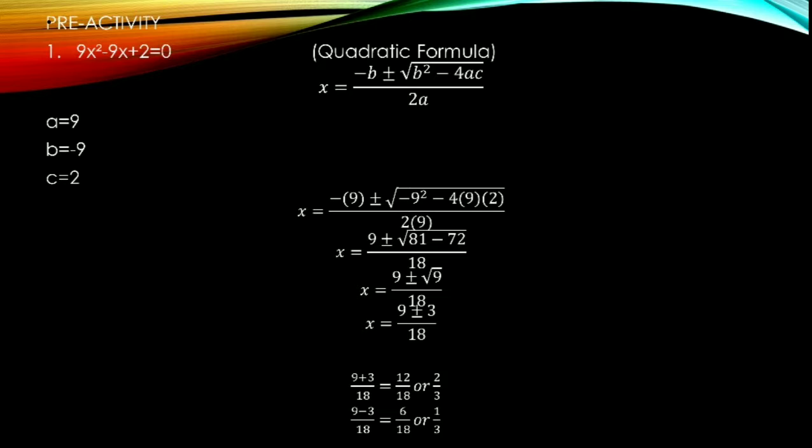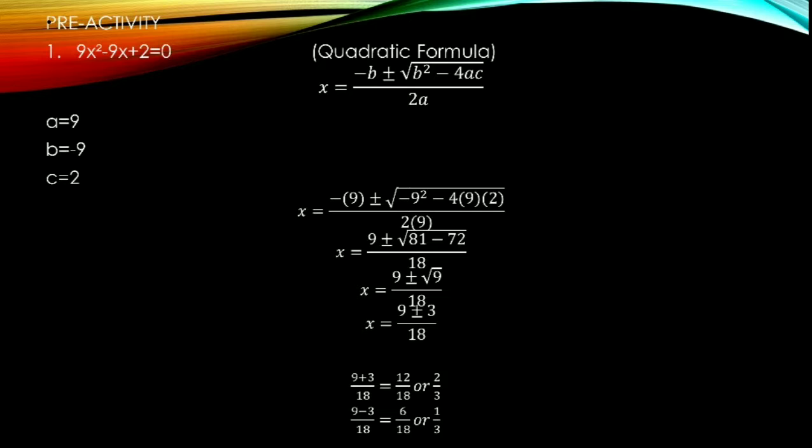So, negative times negative 9 will be positive 9 plus and minus square root of 81 minus 72 over 18. 81 minus 72 is equal to square root of 9 over 18.